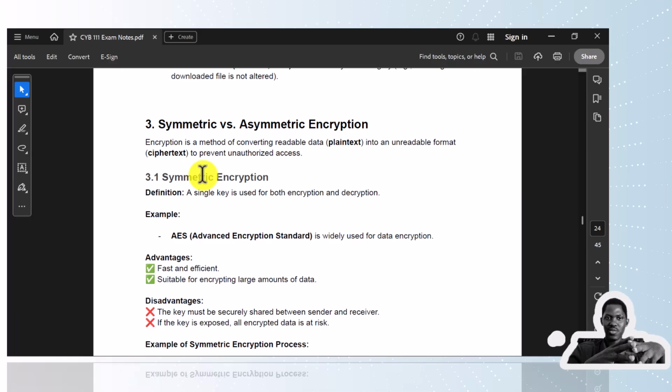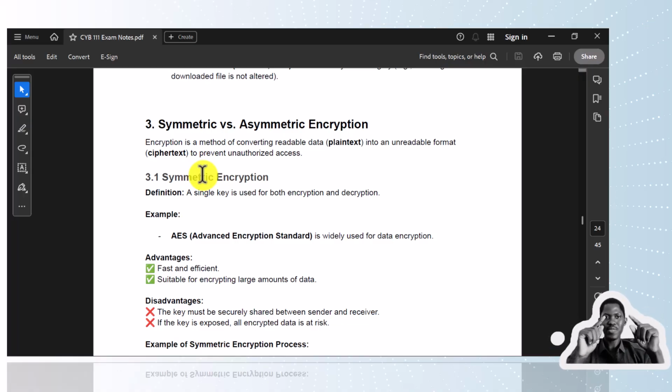Symmetric encryption uses a single key, just one, for both encryption and decryption. Encryption is a method of converting readable data into an unreadable format to prevent unauthorized access. Decryption is the opposite: the method of converting unreadable data into readable data so that you can have authorized access to it.